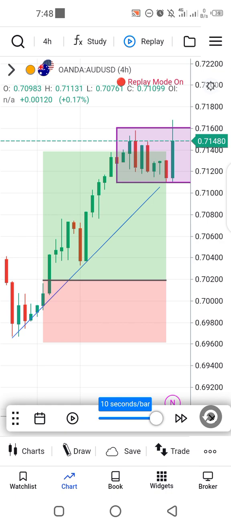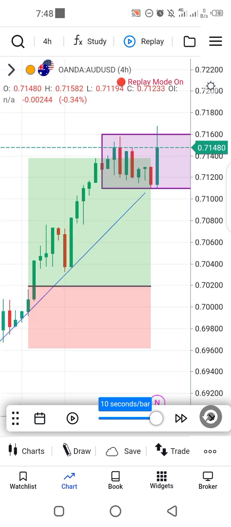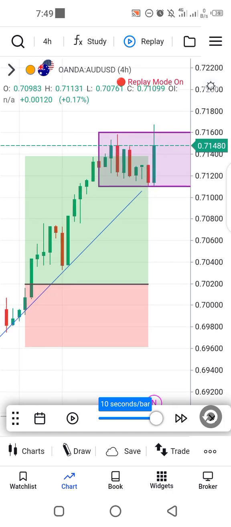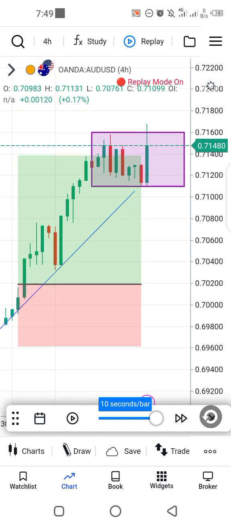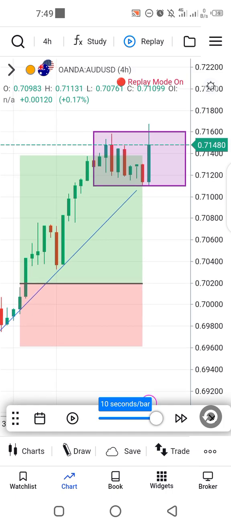As time goes on, we will get into other instruments like BTC USD. I'm not going to trade gold, because gold misbehaves too much. It's unpredictable. So maybe BTC USD, something like GBP JPY, something like crude oil.